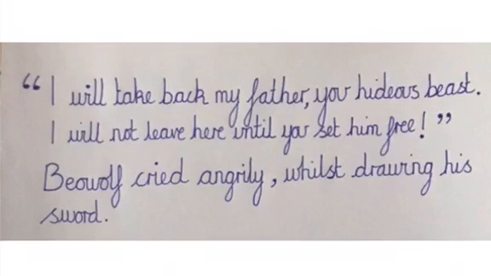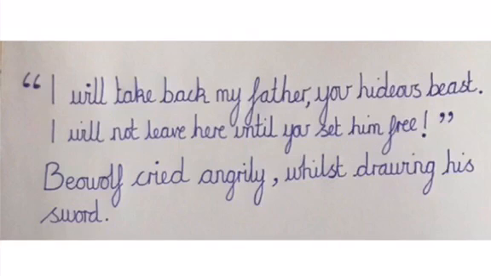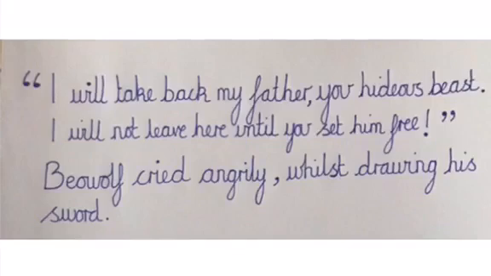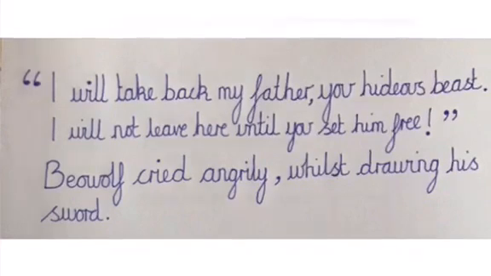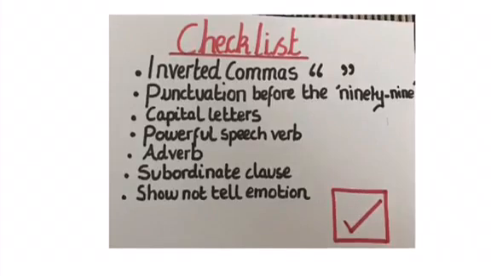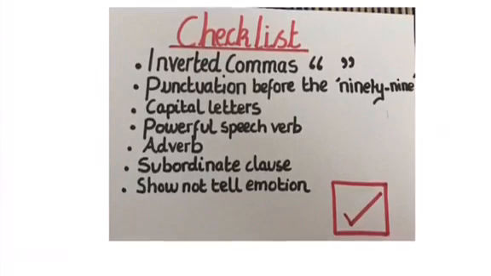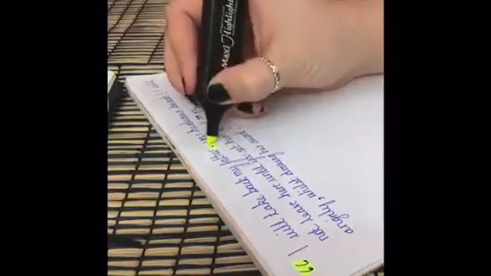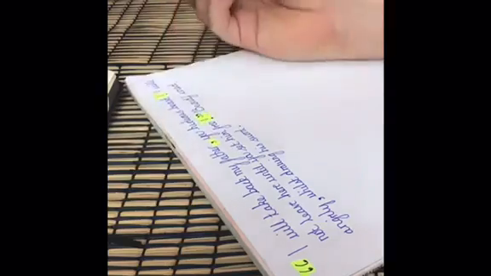This is also show not tell emotion, because the fact that he is drawing his sword shows that he is not scared. I'm going to use my highlighter to go through and make sure I've used all the tools in the checklist.